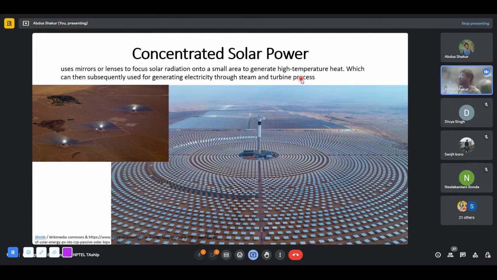Here you're basically concentrating the solar power, and these plants generally occupy a lot of area and require a lot of management, because the mirrors have to be angled in specific directions. They have to be cleaned most of the time, so that they reflect properly. And yeah, this is how they look if you watch them from the air.